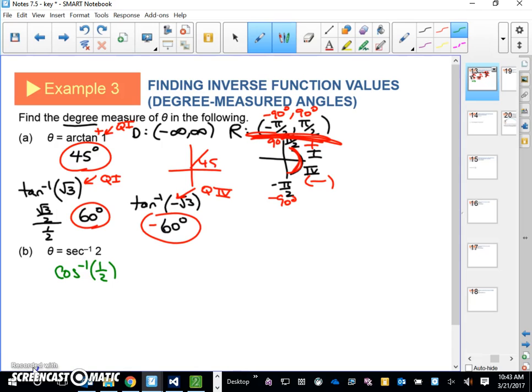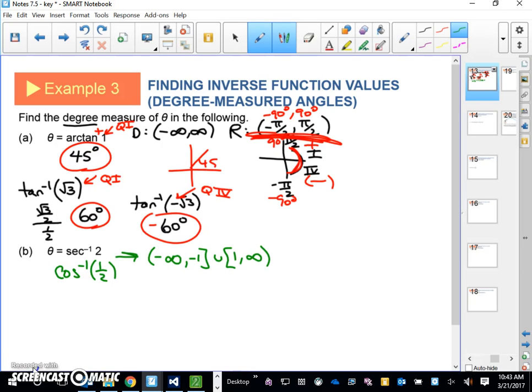And so I'm looking at secant, and so what's the domain and the range of inverse secant? The domain is this weird one from negative infinity to negative 1 union with 1 to positive infinity. And what that means is anything else besides what's in between negative 1 and 1.